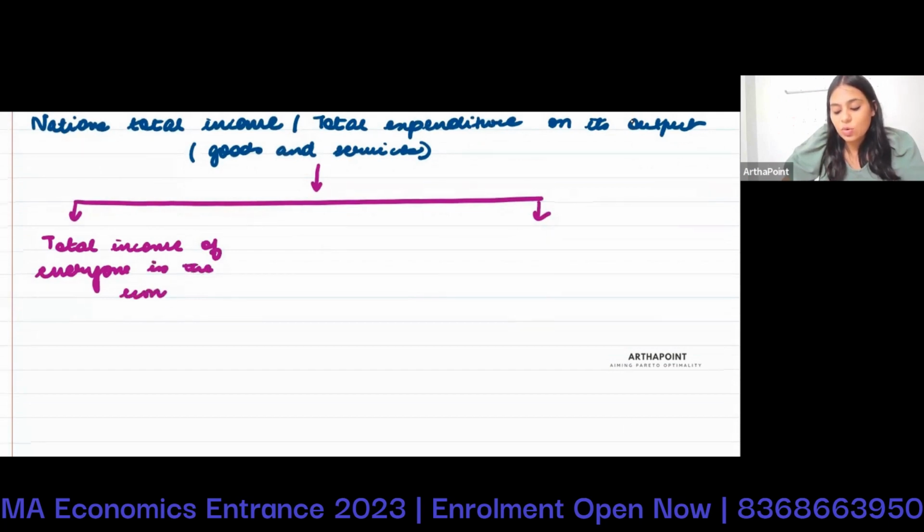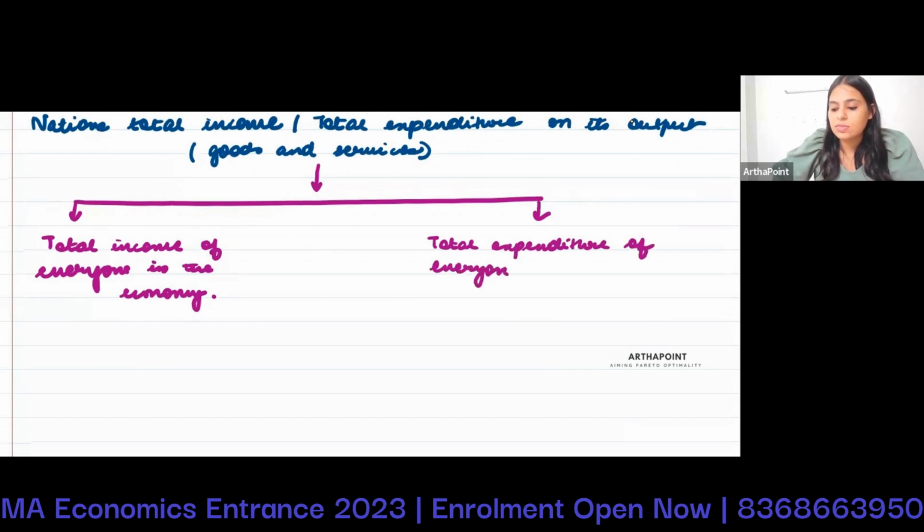So whoever is earning income, if I add the total income of all those individuals, that will give me the GDP. Or I can say that it is the total expenditure of everyone in the economy.